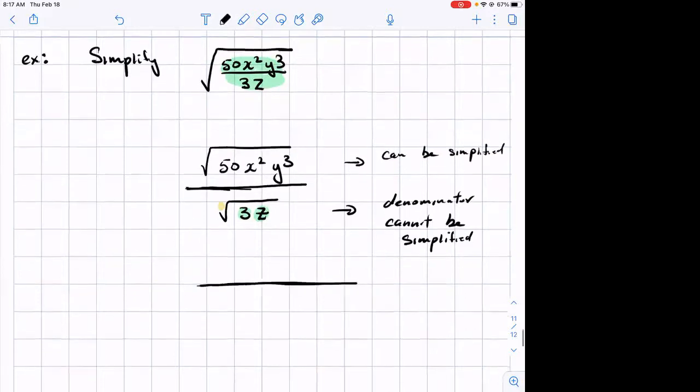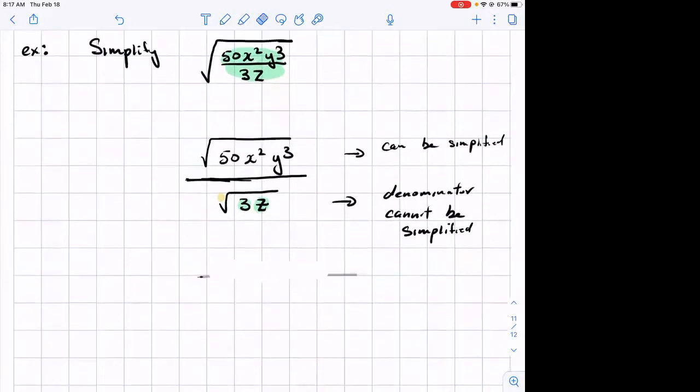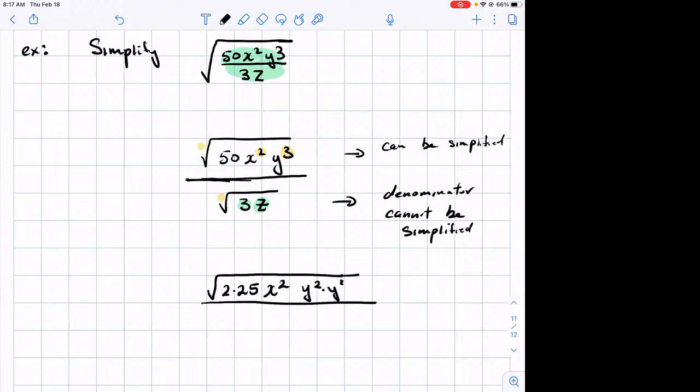So if we simplify the numerator, let's move this down a little. Okay. The numerator can be simplified as 25 times 2. Notice that your power here is 2, the index is 2, so that will be simplified. But your power here is 3, so we have to rewrite that as y squared times y to the 1. Okay.